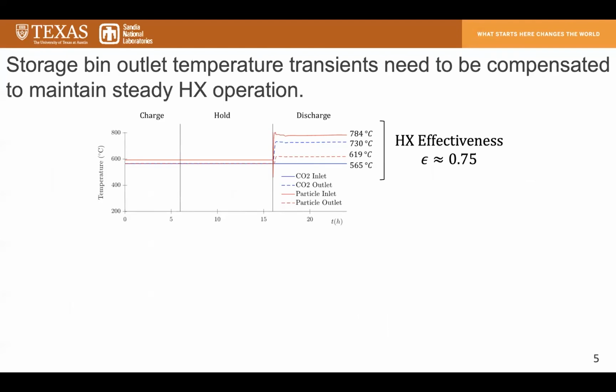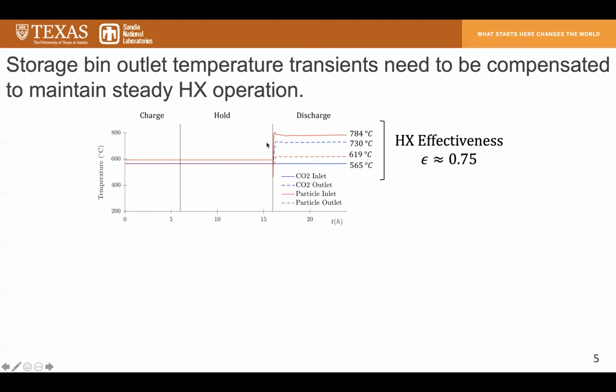Like I said, this outlet temperature is extremely important to us because it affects the performance of the heat exchanger. Any modulations in that outlet temperature need to be compensated in order to maintain steady operation of this heat exchanger and maintain a steady outlet temperature for the supercritical CO2 passing through there.